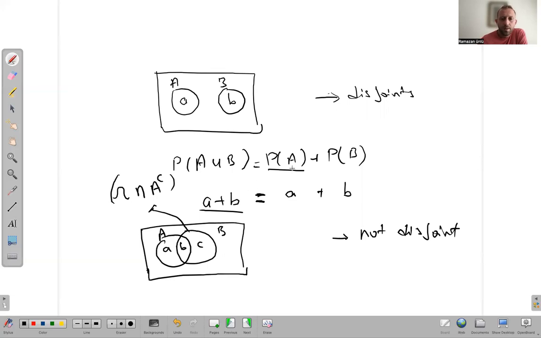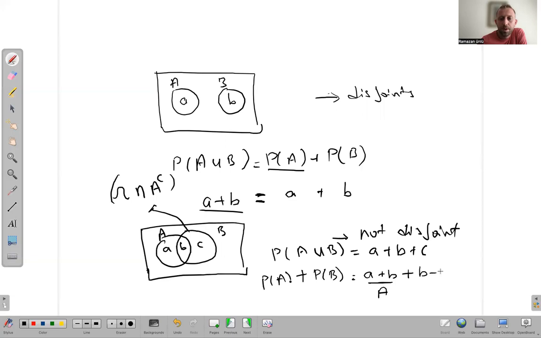Okay, now I know that P(A union B) is equal to A plus B plus C. But if I sum the individual probabilities, P(A) plus P(B), this time I will get A plus B for the A, and B plus C for the B. And this one is equal to A plus 2B plus C, right?